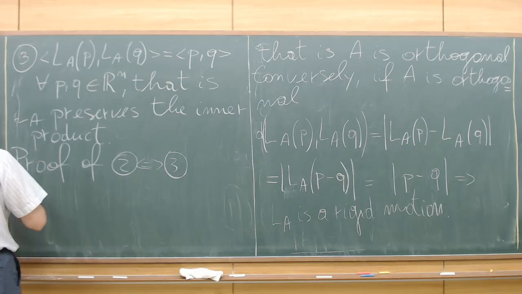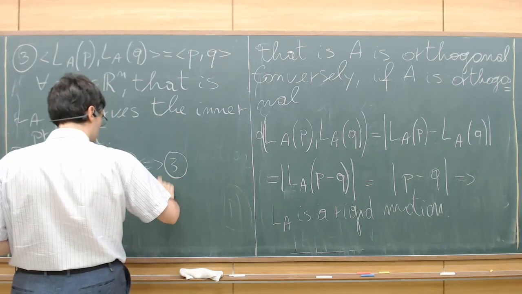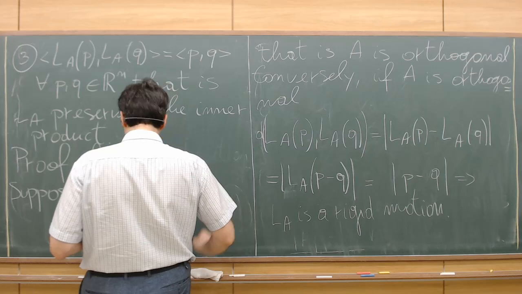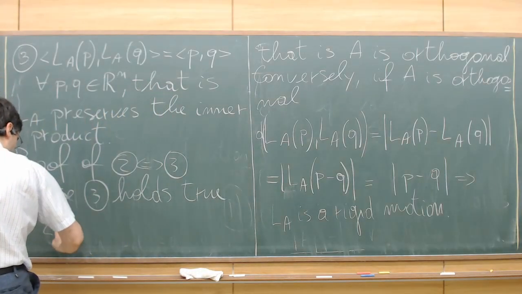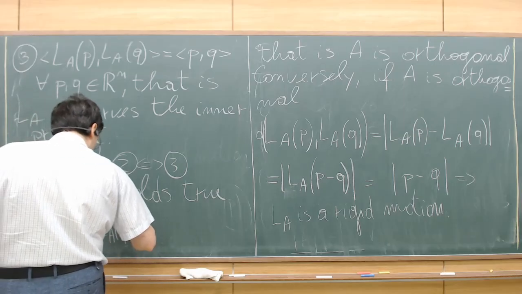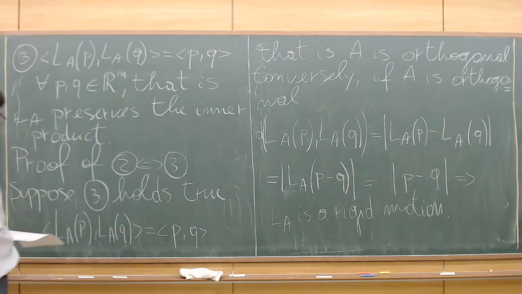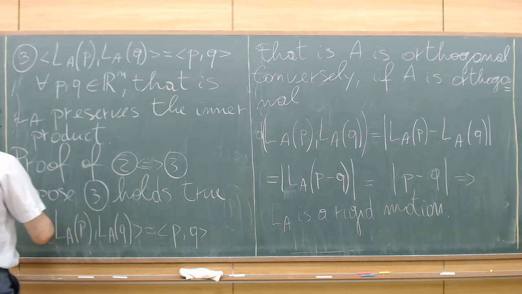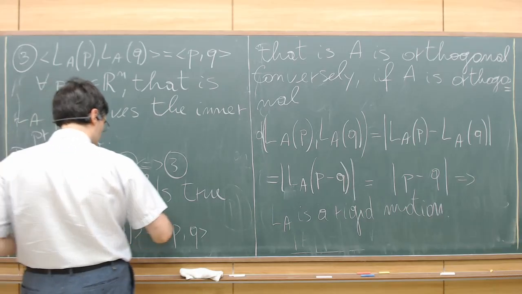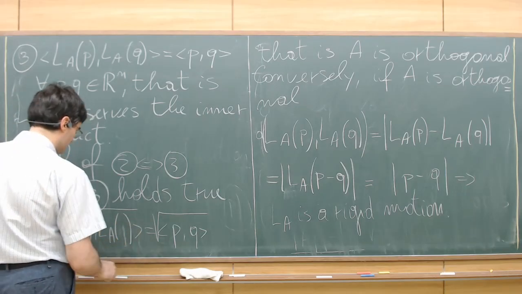Okay, suppose that 3 holds true, then you have that LA P multiplied by LA Q is equal to P multiplied by Q. Excuse me, I made a typo. I have to take the inner product of LA P with itself.